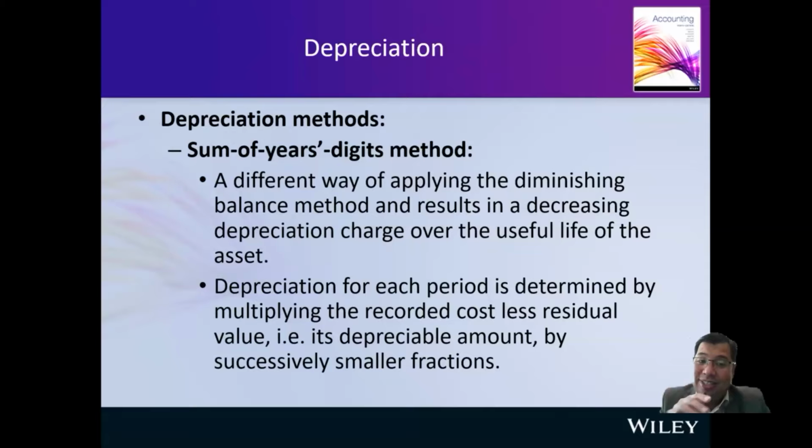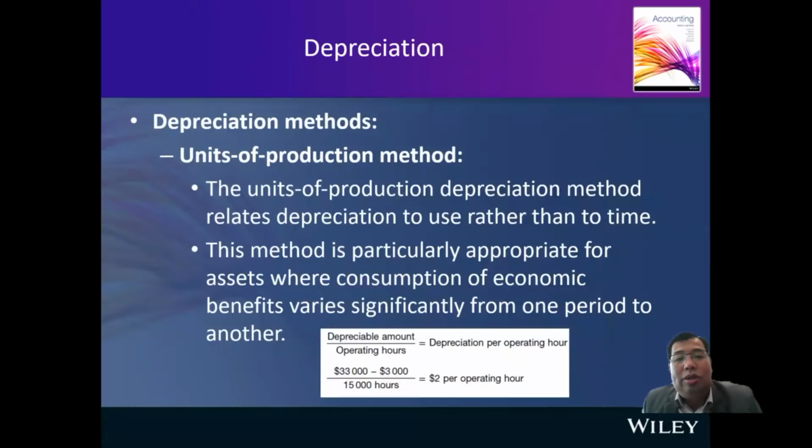So you're going to assign a number to every year, and you're going to sum the numbers, and then the first few years will be high as well, but we don't use the percentage as what we did before using the reducing balance method. So depreciation for each period is determined by multiplying the recorded cost less residual by a successively smaller fraction. So this is the method. I'm going to show you this method.